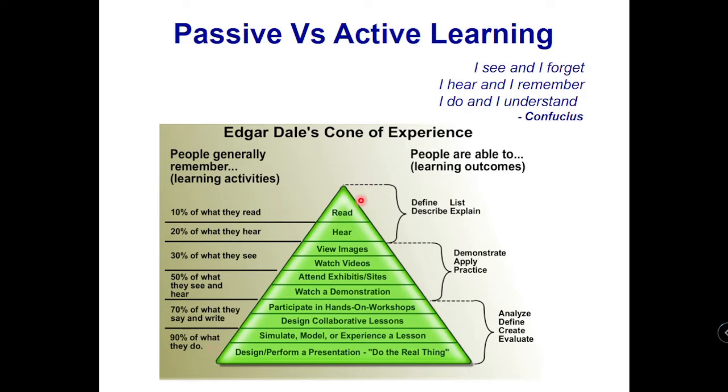See the levels. This is the memory level: read and hear. Then the understanding level: what they see and hear. The reflective level gives more learning outcomes from the students. So we concentrate on this reflective level of learning, that is active learning.